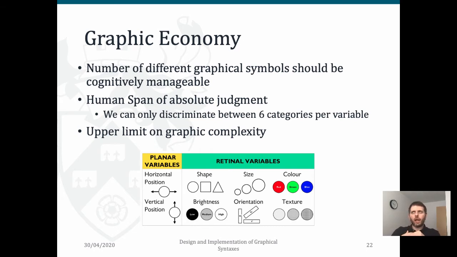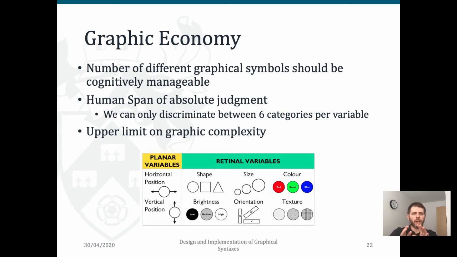We talked about how it is important for symbols to be distinct and different from each other. However, we should not overdo it. The last principle we're going to talk about is called graphic economy. This dictates that the number of different graphical symbols that comprise a concrete graphical syntax should be cognitively manageable.